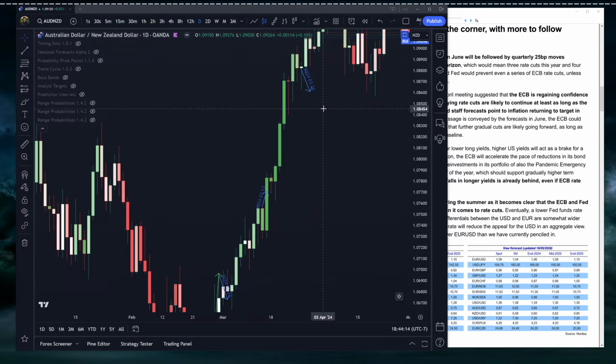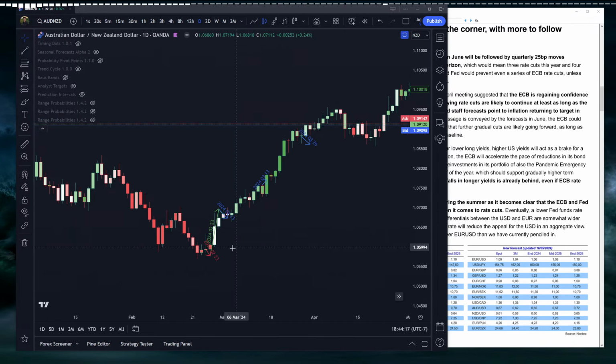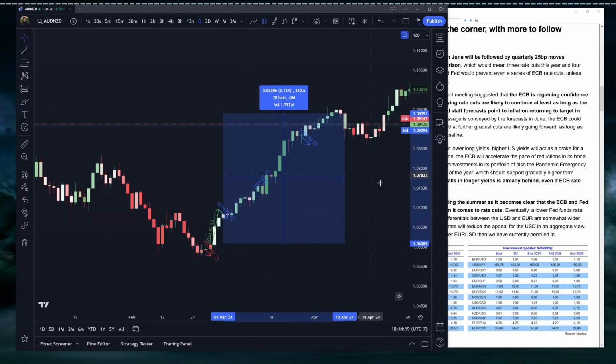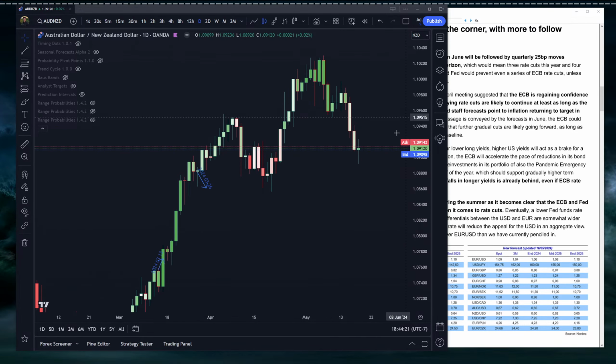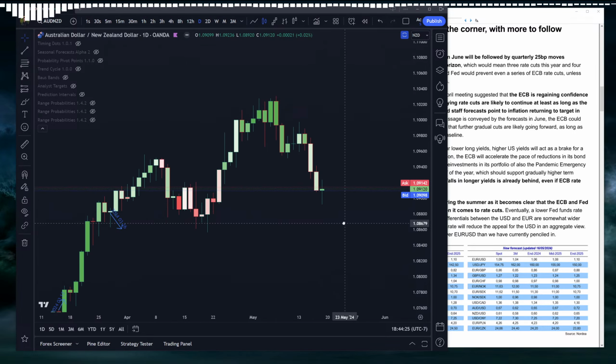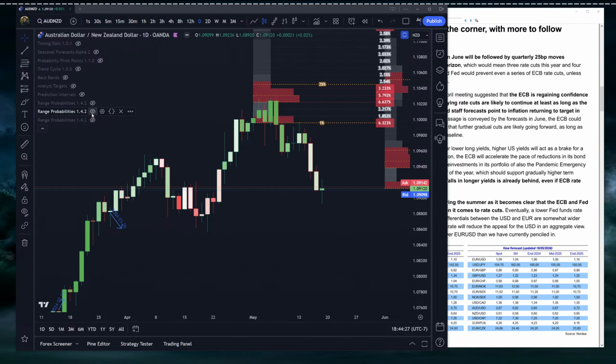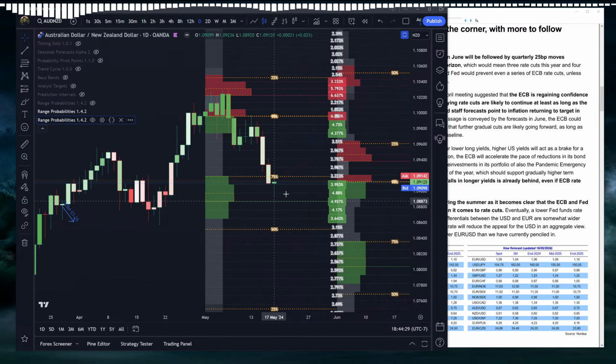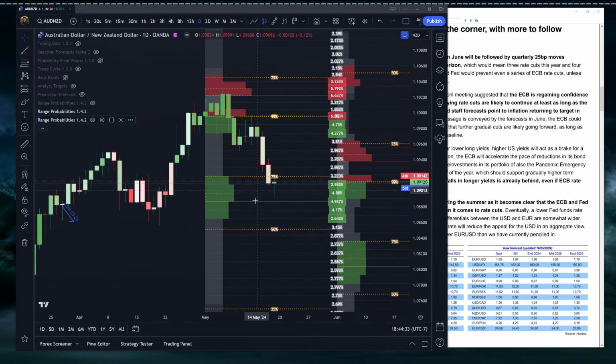Yeah, that was easy. Ooh, man. Hey, we got some chop here. Negative yield spreads. Oh, wow. A lot of lows for the month show up right around this spot here.